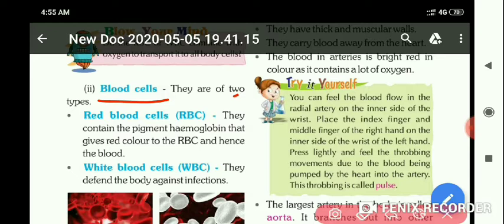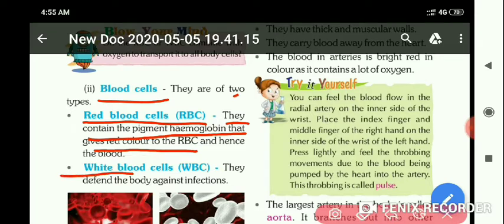So the 3 types of blood cells are, from the question you will write down, the 3 types of blood cells are, number 1 you will write down red blood cells. They contain the pigment hemoglobin that gives red color to the RBC. Okay, up to here you will write down in red blood cell. Next is white blood cell. They defend the body against infections. You will write down this also.